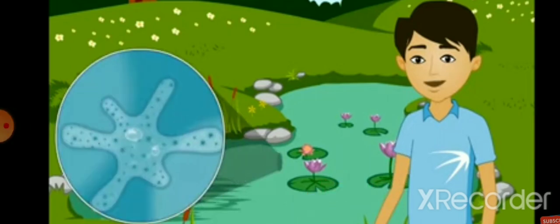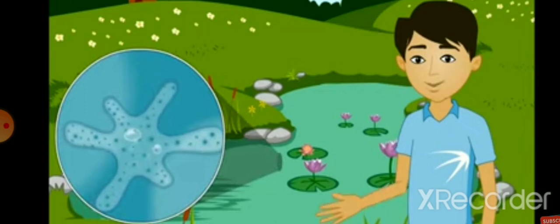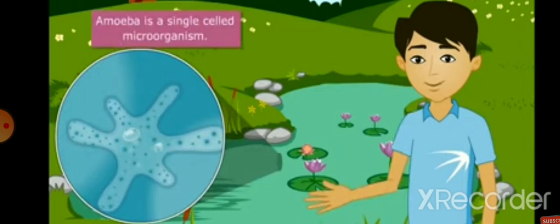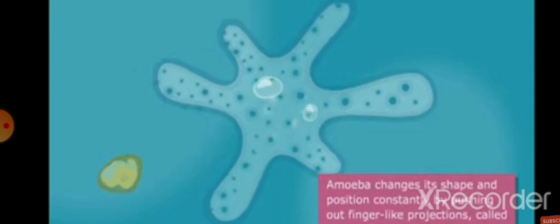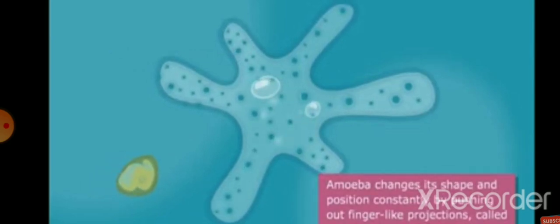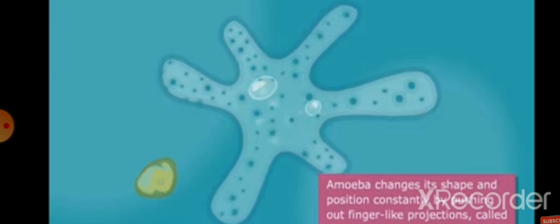Digestion in amoeba. It is a single cell organism. Its membrane and nucleus are shown. The vacuoles are there in the amoeba. As it senses food, it changes its shape and position, pushing out finger-like projections called false feet, or pseudopodia, which engulf the food particle.